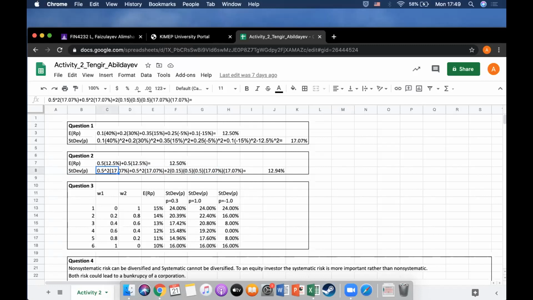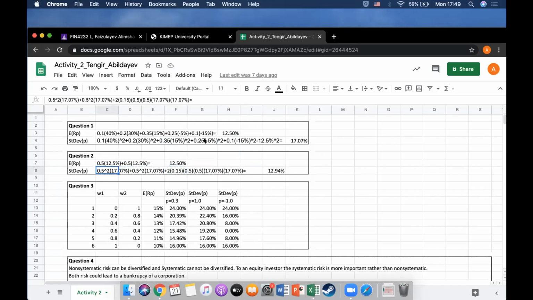Oh yeah, I get it. These whole numbers should be square rooted. The same thing should be done with the first question. I guess I did it in the first question, but I haven't done it in the second one. I mean, not raising to the power, but taking the square root of it.